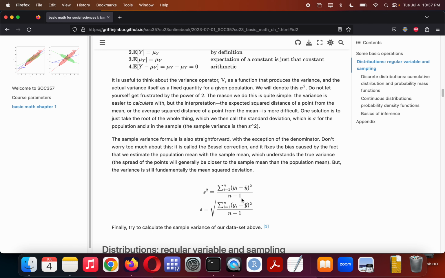The reason that we do this is that we're estimating the population mean with the sample mean. This introduces a little bit of bias into our formula because in general, the points that we have will be closer to the sample mean than they will be to the population mean.